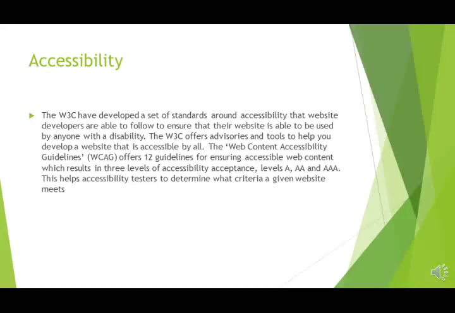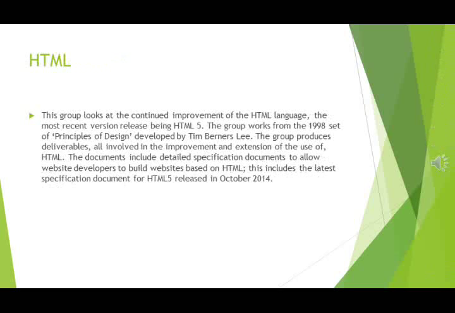It has 12 guidelines which result in 3 levels of accessibility: level A, double A, and triple A. I'm not going to go into more detail on that, but this is the level of accessibility they need to have on the web page, depending on what kind of web page they are making.